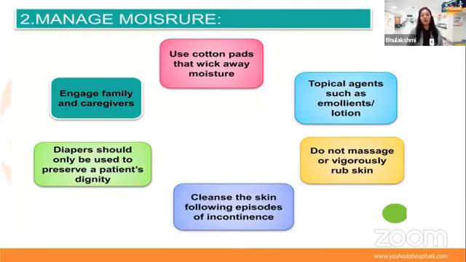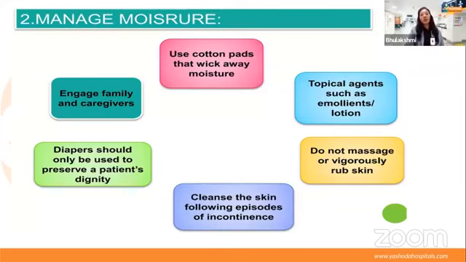Do not massage or vigorously rub the skin, because skin breakdown can happen and it will be very fragile. Cleanse the skin following episodes of incontinence. If there is incontinence or dribbling of urine, please clean the skin properly. We always avoid diapers because they harbor microorganisms, and skin rupture can happen.